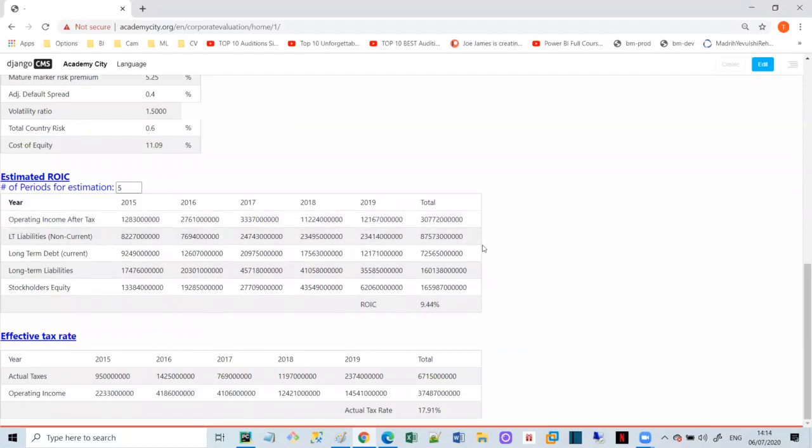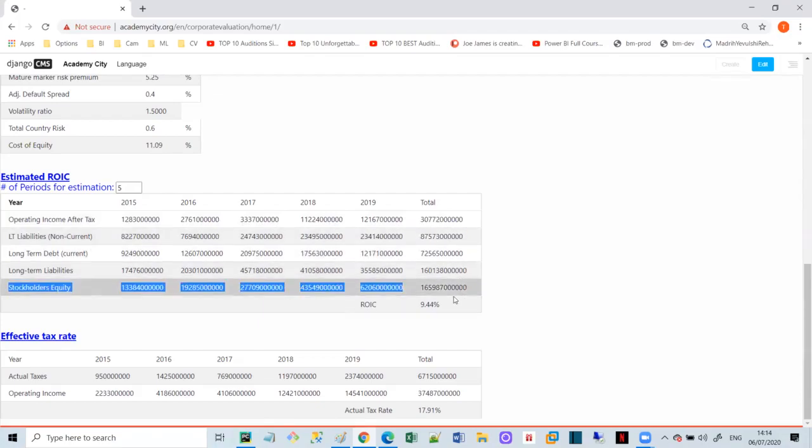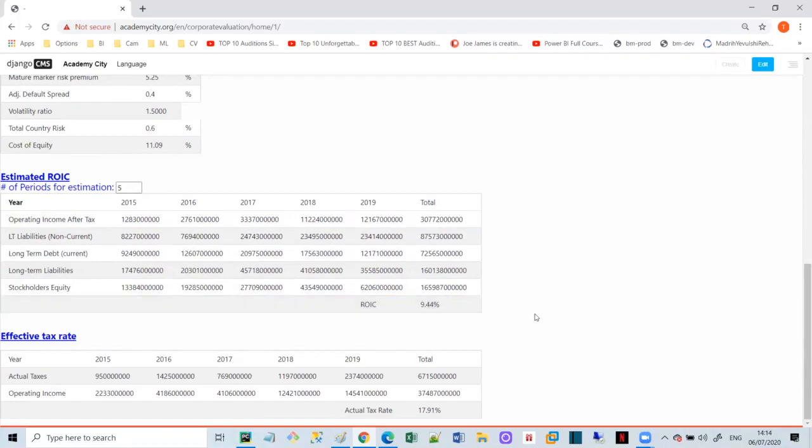The way we did it, we just took the operating income, the total over 5 years, and then we divided that by long-term liability plus equity. I would take the total here, divided by the sum of those two, long-term liability plus equity. That gives me 9.44.